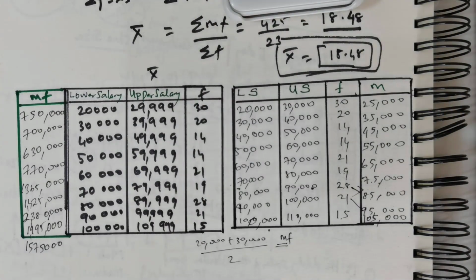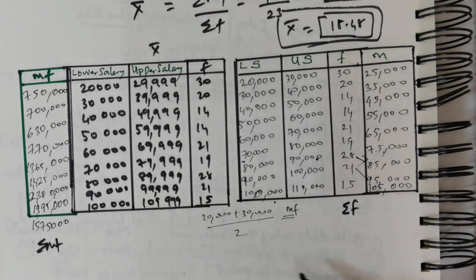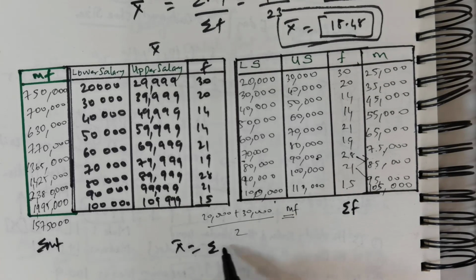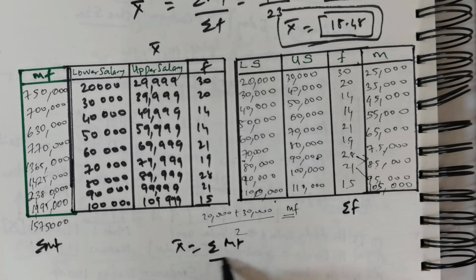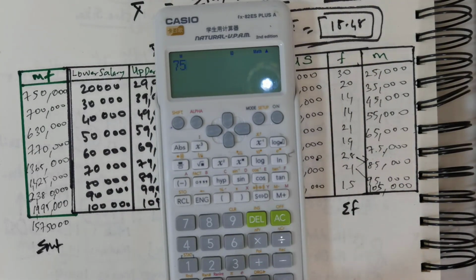Now to get the X bar value, we need to get the sigma MF here and sigma F. So X bar is equal to sigma MF divided by sigma F. So I need to add up all those things. So let me do the addition.